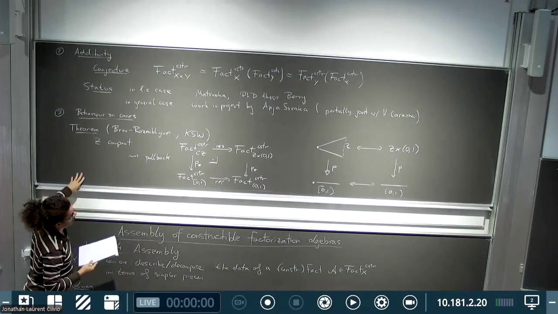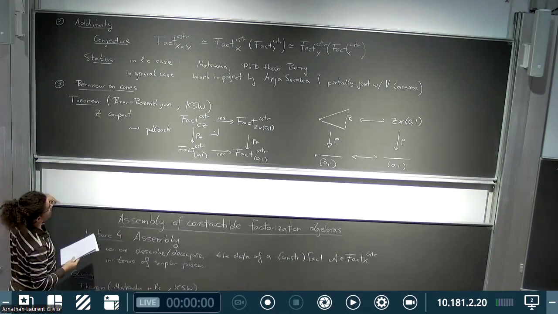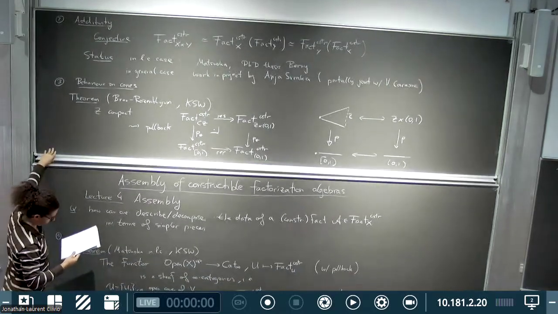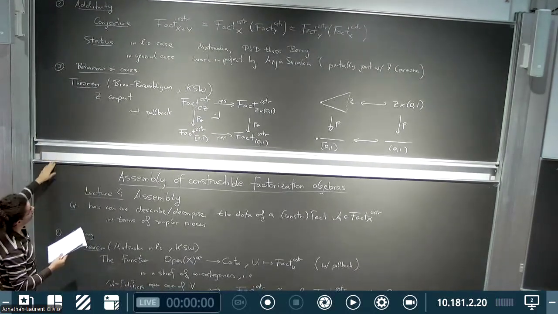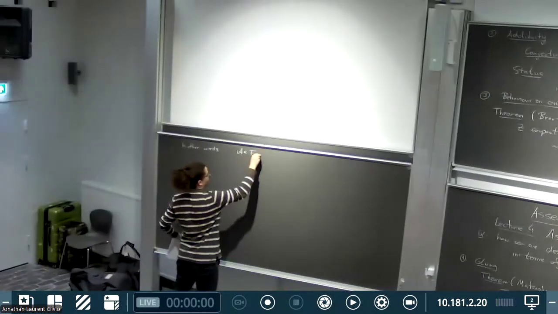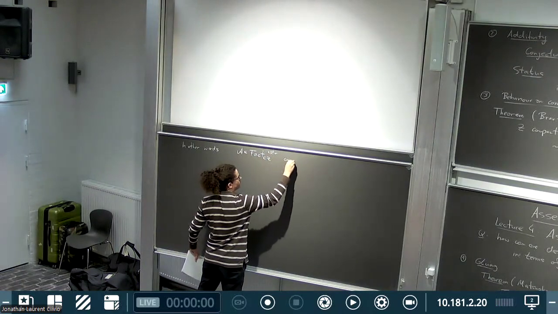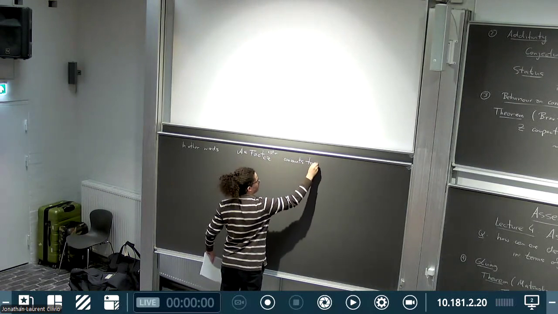So in other words, if you have the data of a constructible factorization algebra, it amounts to two things.